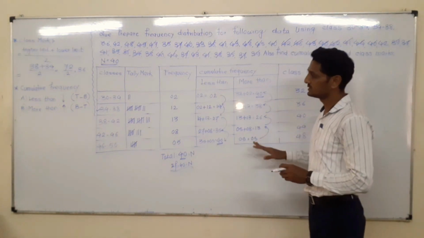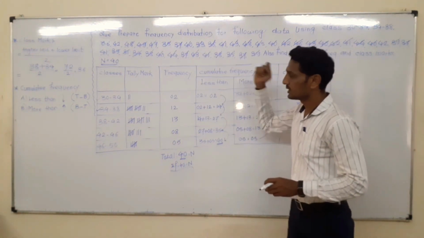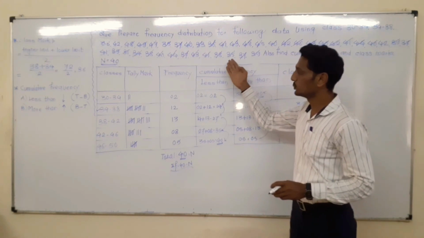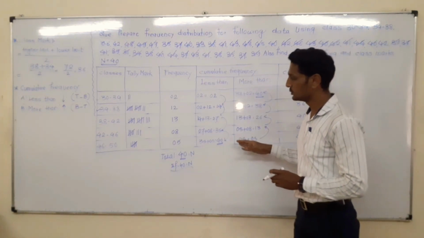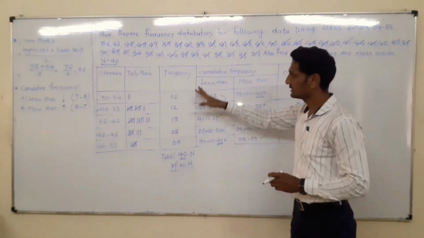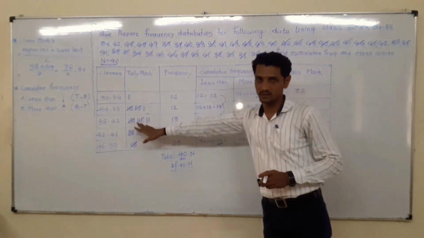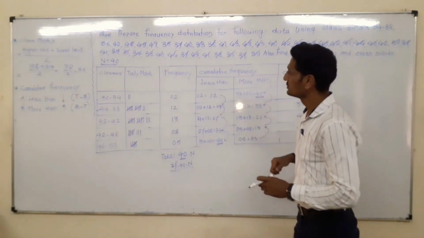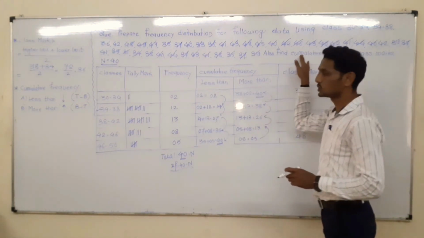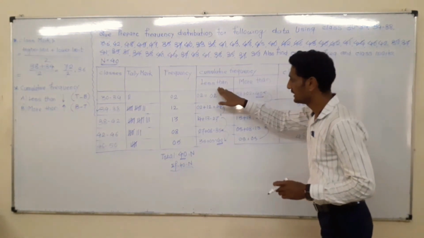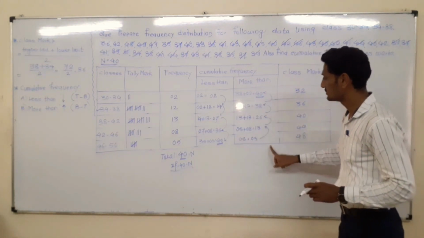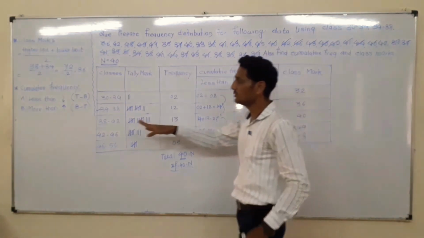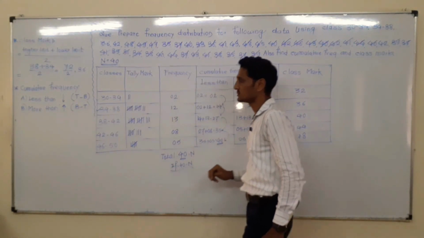So friends, this is the solution of today's question, that is to prepare a frequency distribution for given data, a simple data to group data conversion. And also we have to find out the cumulative frequency, that is for less than, that is for more than, means this is top to bottom, this is bottom to top, as I have shown here by the arrows.